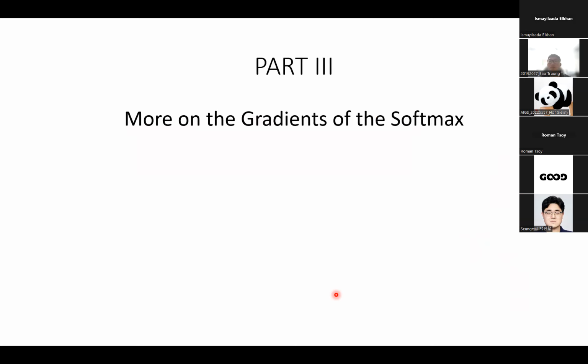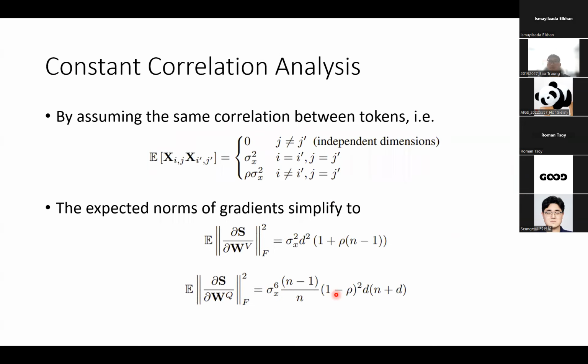And now we move to understanding better the different factors that affect the gradient with respect to the parameters of the queries and values. For this part, we are going to assume that there is some constant expected correlation between any two tokens of the same layer.